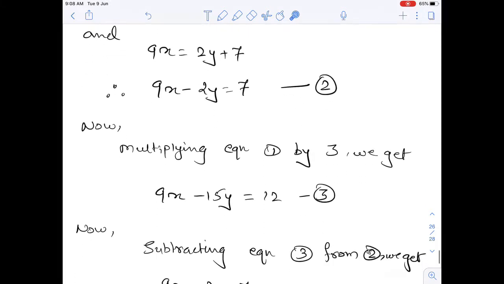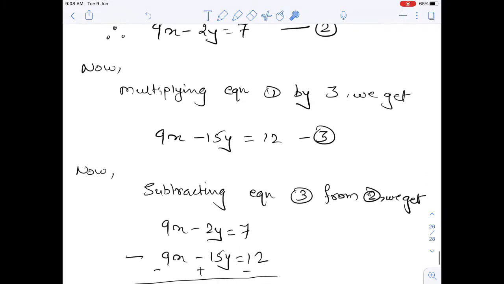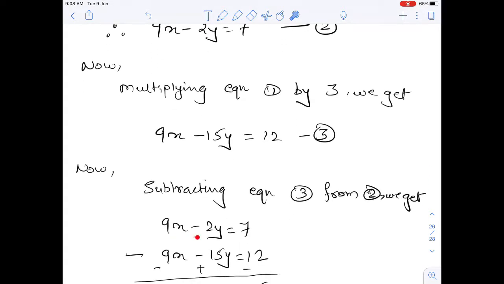You can subtract equation number 3 from 2, which means first you write equation number 2: 9x minus 2y equals 7, and equation number 3: 9x minus 15y equals 12. As I told, both have the same sign, so we will subtract. Here I have written minus, so this will become minus, this minus will become plus, and this plus will become minus. I think further you can easily solve it.